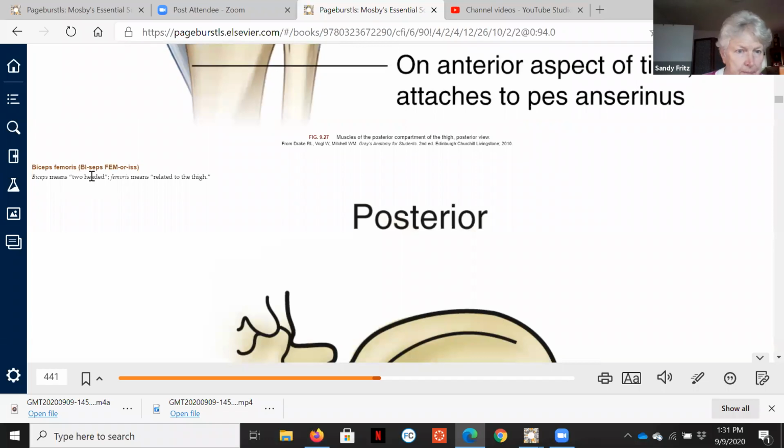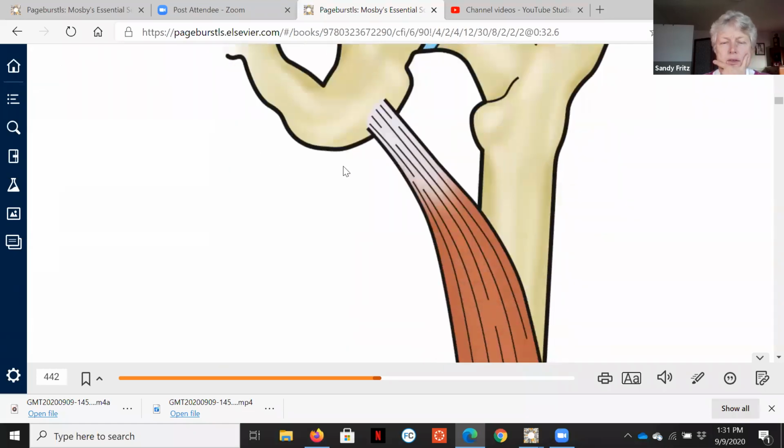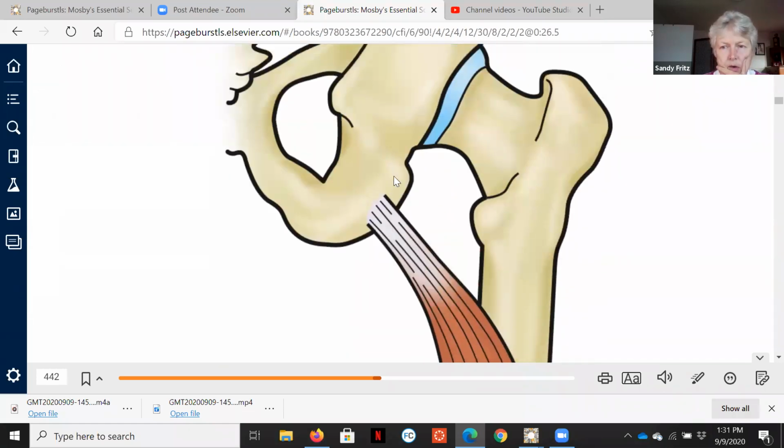So biceps femoris, and it's two-headed, that's the bi, related to the thigh. Two heads, bicep, bi of the thigh. All right, it comes down and it's holding on to the ischial tuberosity here.